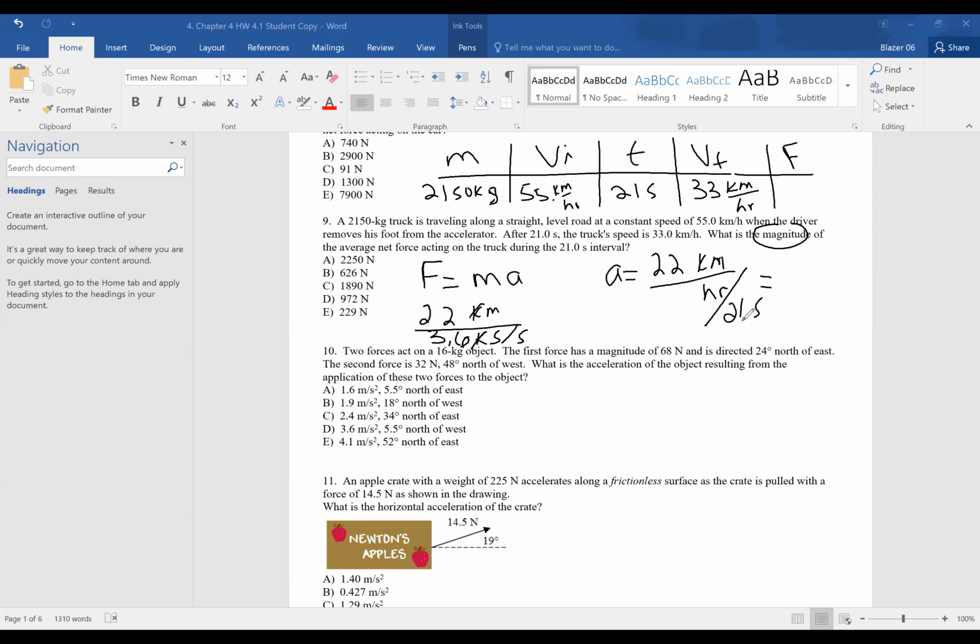And that gives me my acceleration in meters per second per second. Then once I get my acceleration, which I got as 0.291, I multiply that by 2150, and that would give me the force.